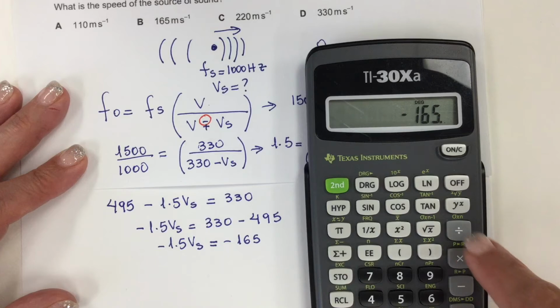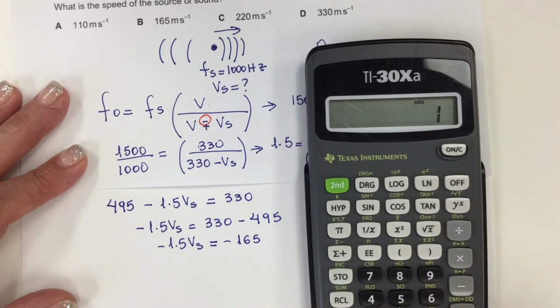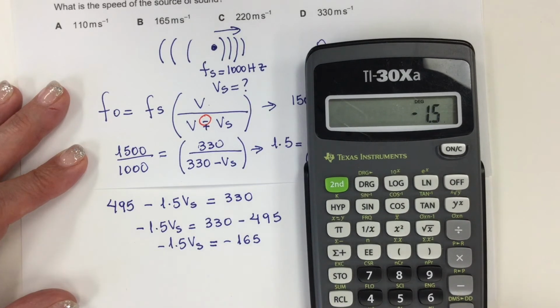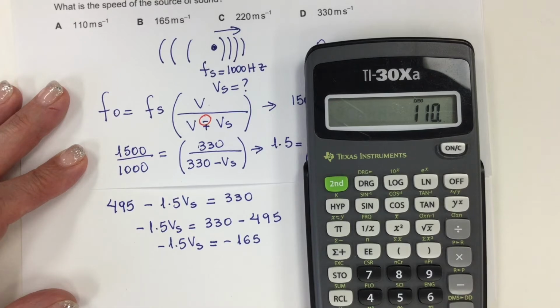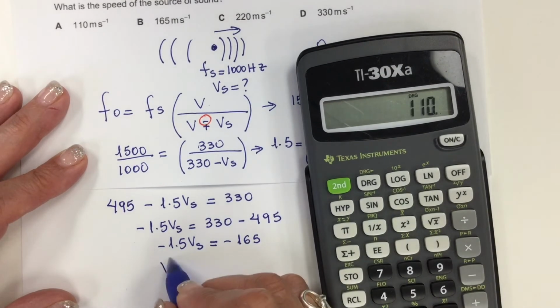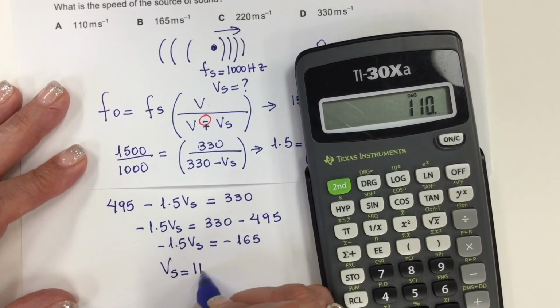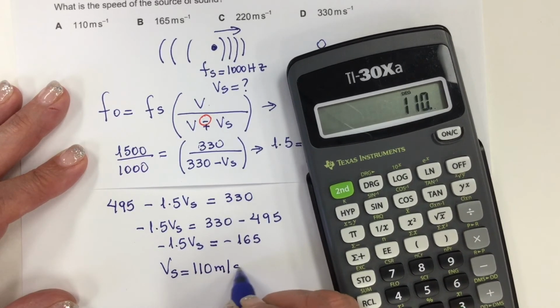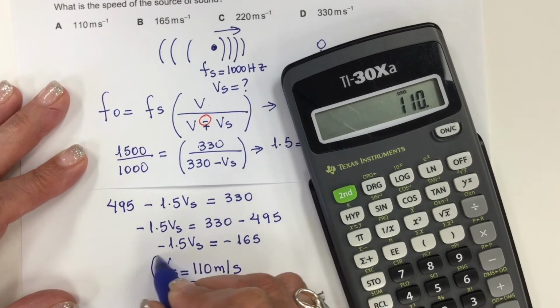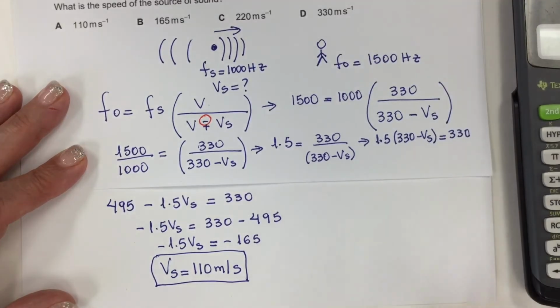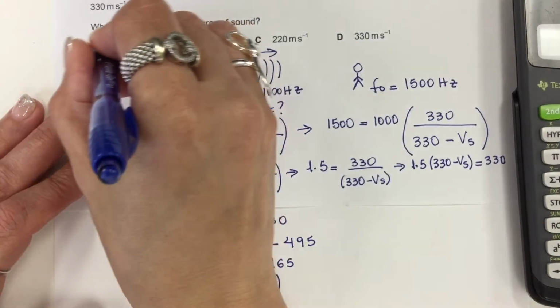Now divide by negative 1.5. Negative is 110, so positive 110 meters per second. So that is the speed of the sound source, which is option A.